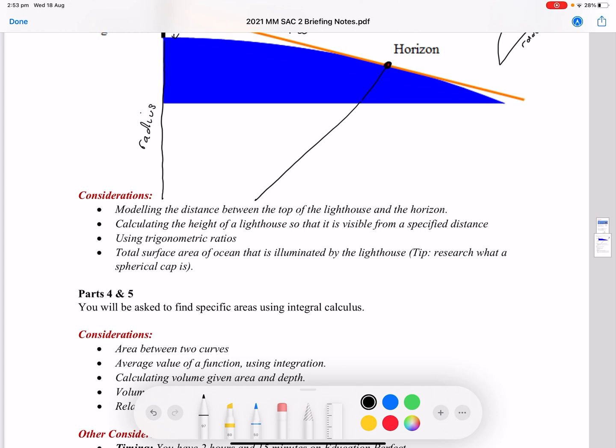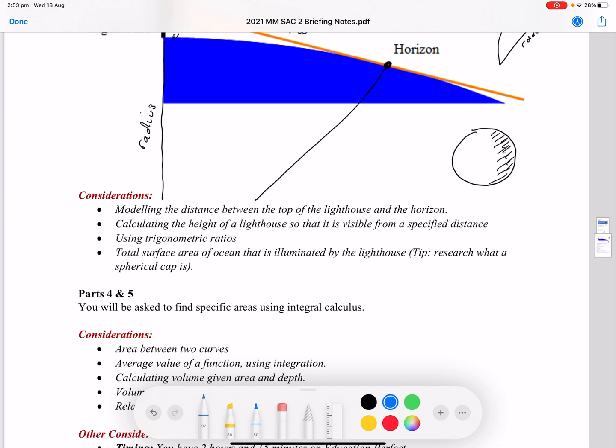And another tip for you is that we're going to ask you to calculate the total surface area of the ocean that is illuminated by the lighthouse. Now that's not as easy as you think, because you're dealing with a sphere. Okay, so I'm going to try to draw a three-dimensional object. That's our sphere, yeah?